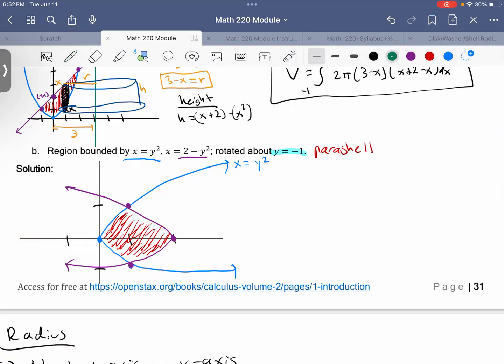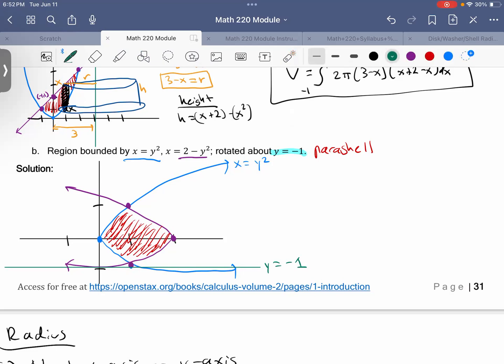Should have done this earlier. We want to rotate around y equals -1. We're kind of touching it here, but we're still just using shell, so it doesn't matter too much.